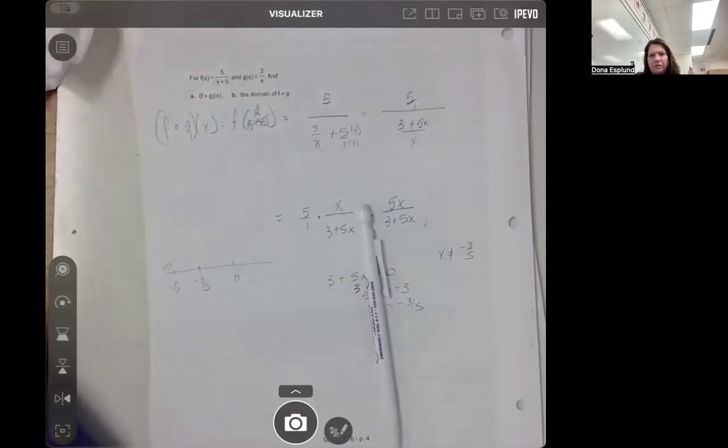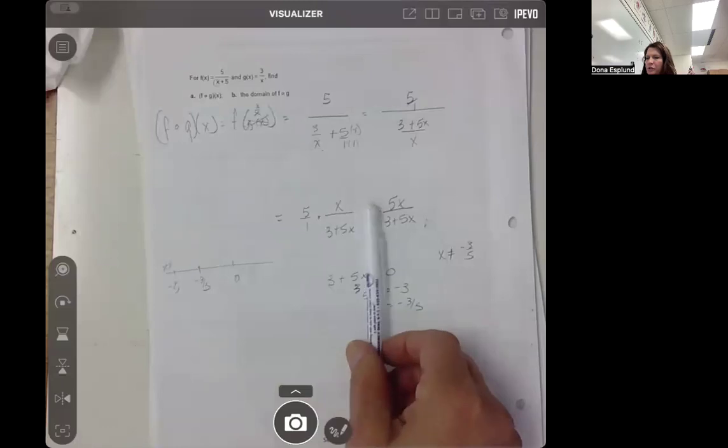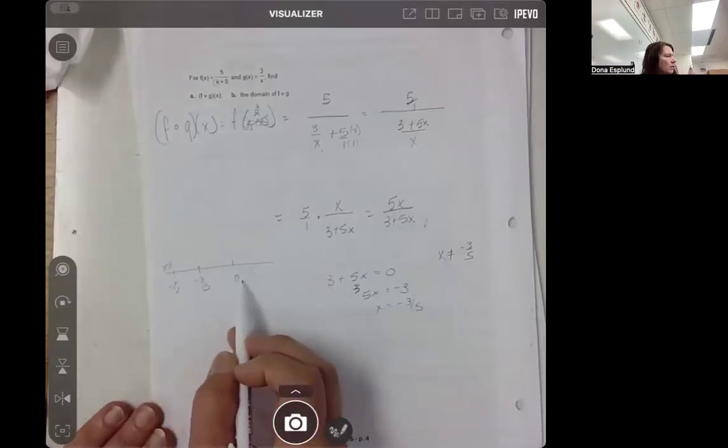So on this one, whoops, 5x divided by 3 plus 5x. It looks a little bit like this, where I've got that asymptote that's going to create at -3/5. But remember, it also cannot equal -5, and nor can it equal 0. And so in this case, you would have to restrict those as well.